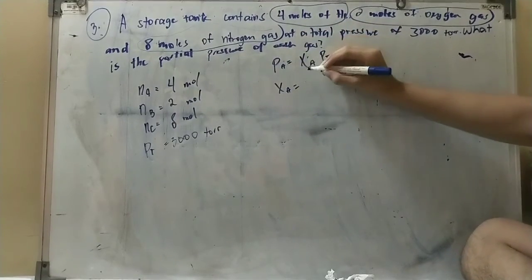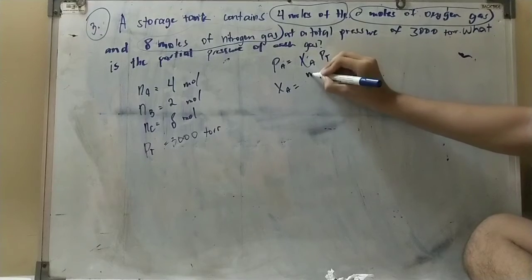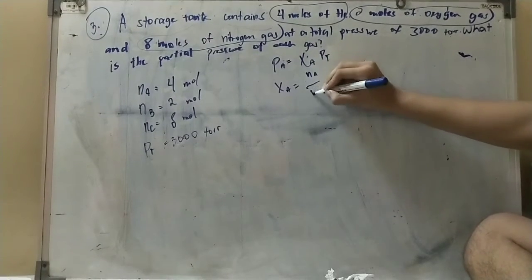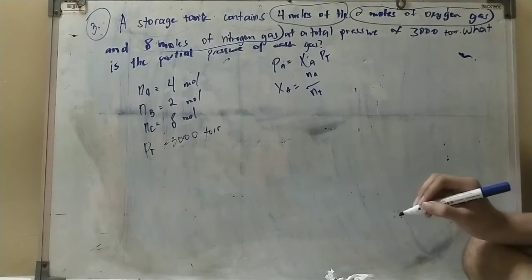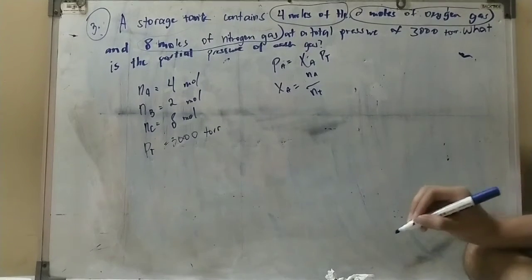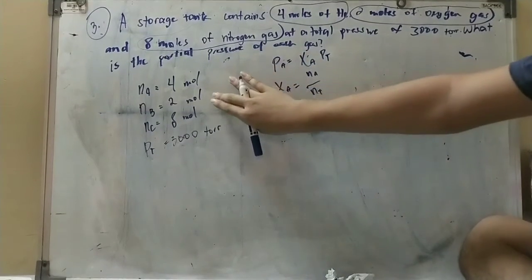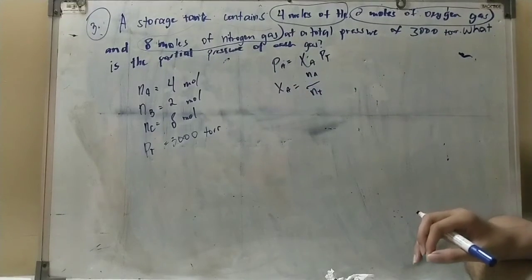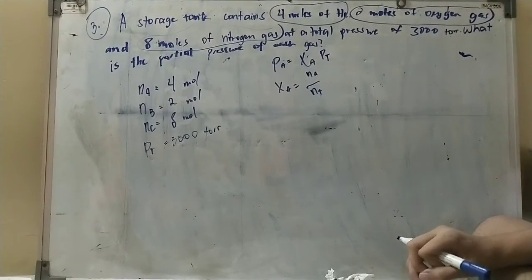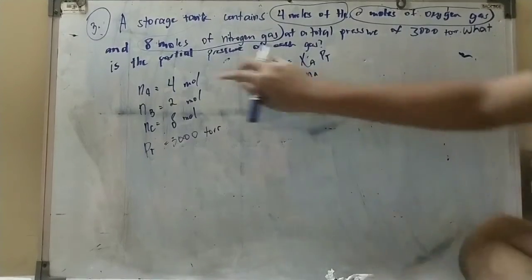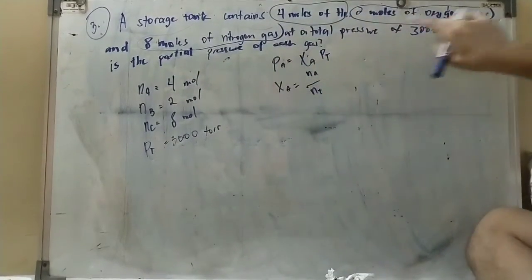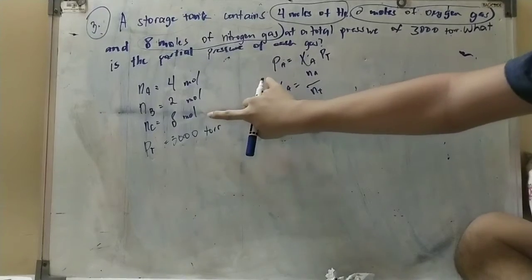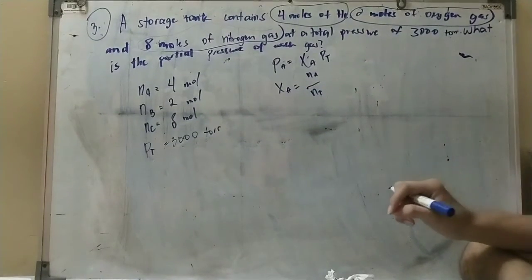So it's Na over N total. A represents helium, B represents oxygen, and C represents nitrogen gas.